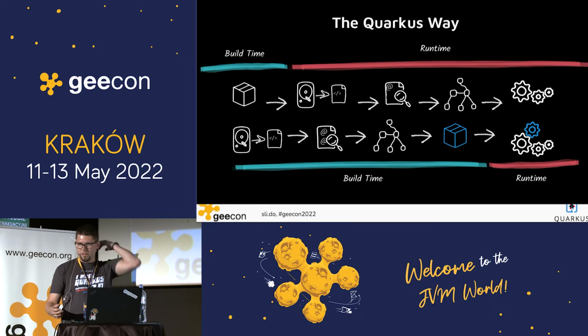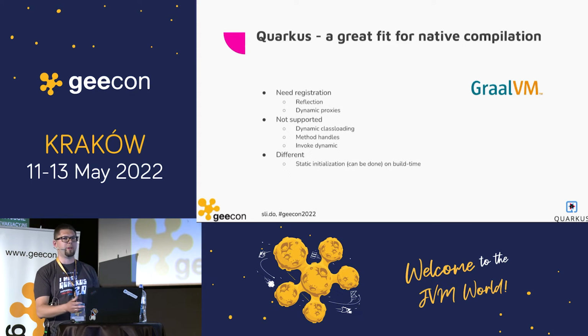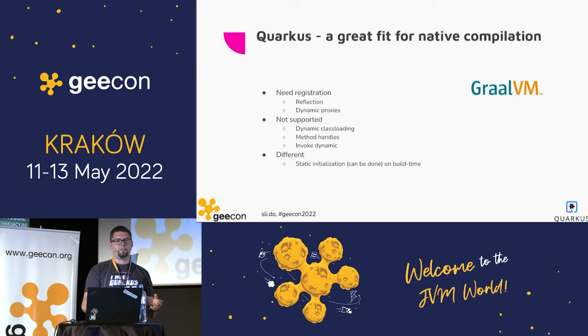And when we start the application, we have a minimized number of things to do. And also, we sometimes don't need some classes or some dependencies at runtime. We use them at build time only. That makes us a great fit for GraalVM. This was actually inspired by Graal this way, right? Because with GraalVM, the tool that we use for native compilation.